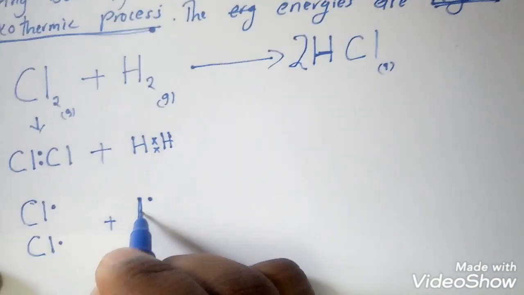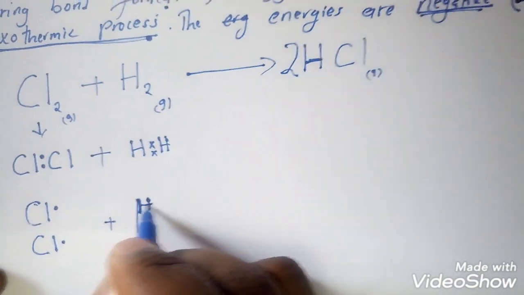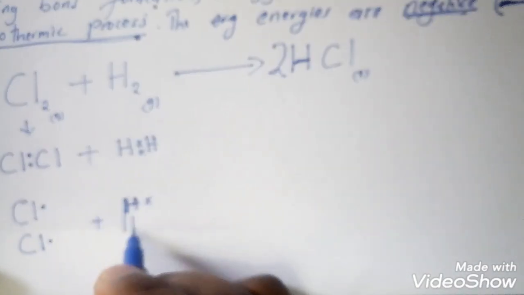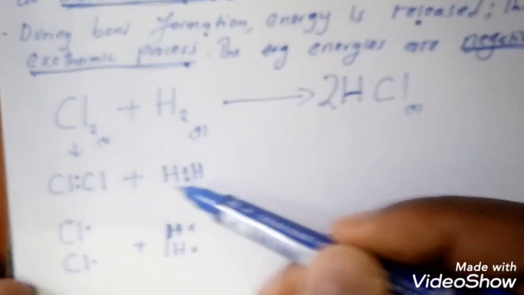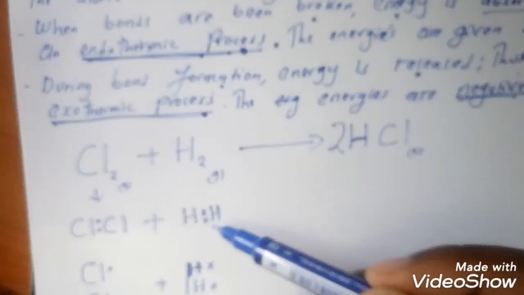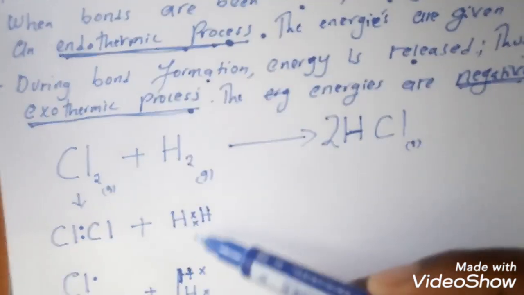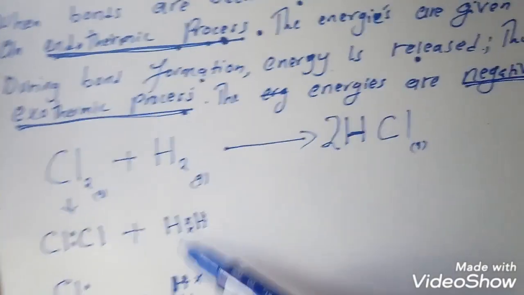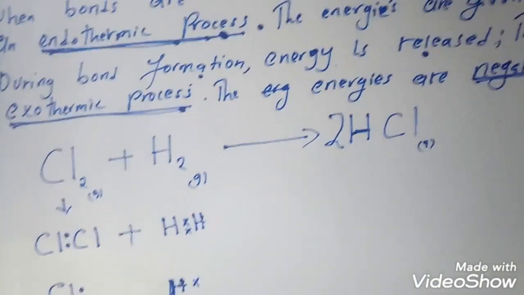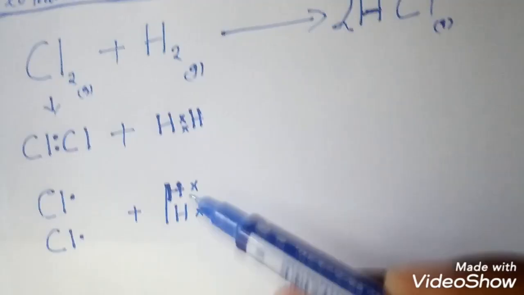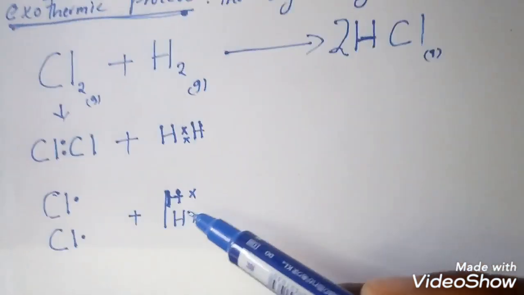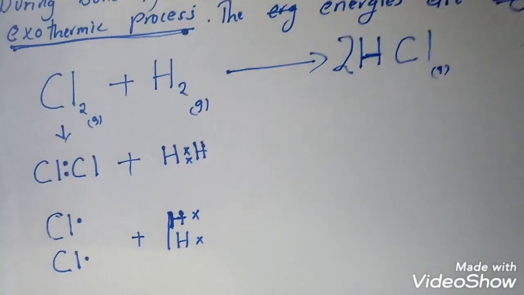We have 2 hydrogen atoms. Because the bond that was joining the atoms together is broken, we are left with individual atoms, which are very reactive. Now what happens?